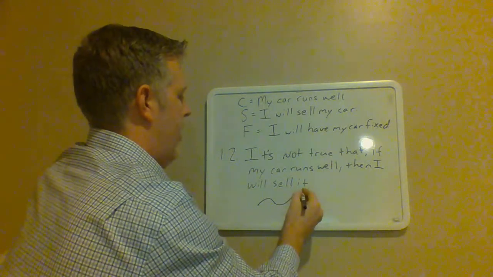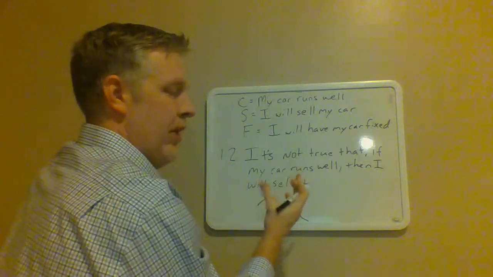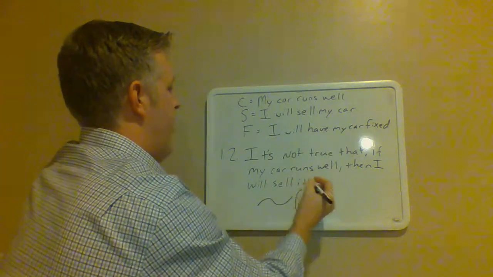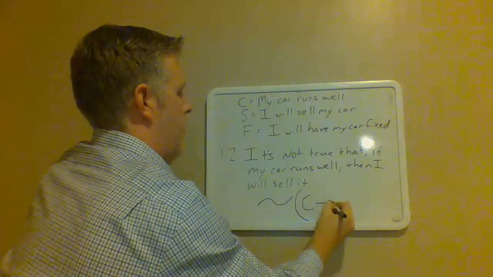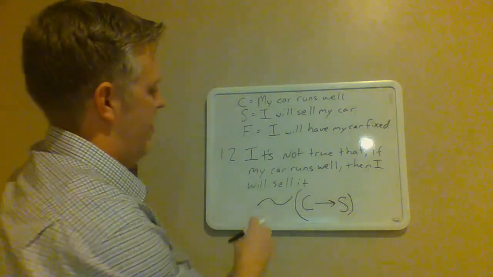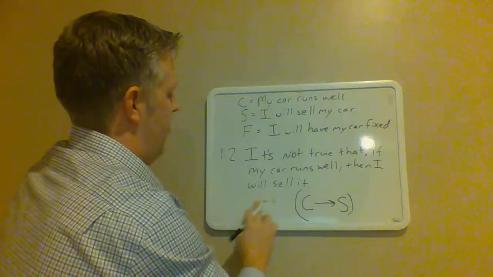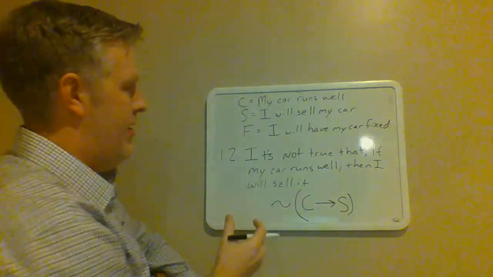So it's not the case that, and we need parentheses here because all that follows is going to be grouped together. If my car runs well, which is C, then I will sell it, which is S. So that's a huge negation sign there. Oops, let me make it a little smaller here. So hopefully that kind of makes sense.